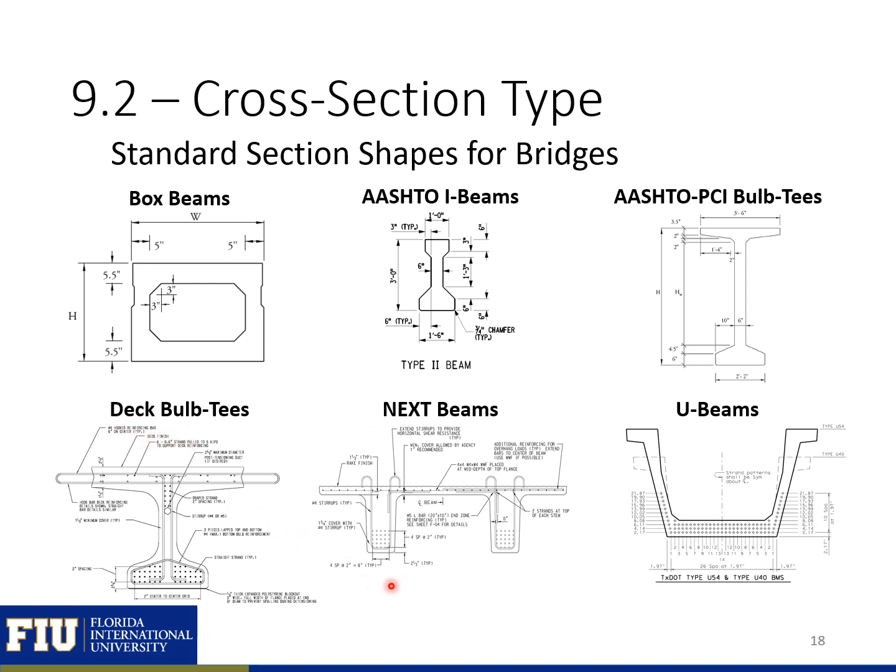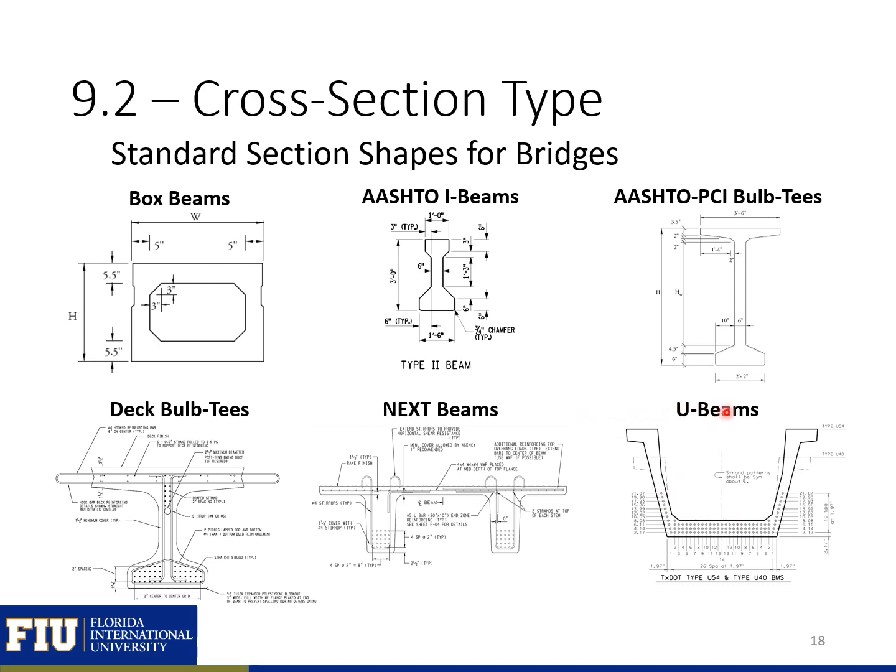Another beam shape that's somewhat popular is this NEXT D beam or NEXT beam, which is a stocky double T section that can either be pre-topped or require a cast-in-place top. That's used in New England and in the Northeast, but is being used in other parts of the country as well. And then there are U-beam sections, which is another voided member.